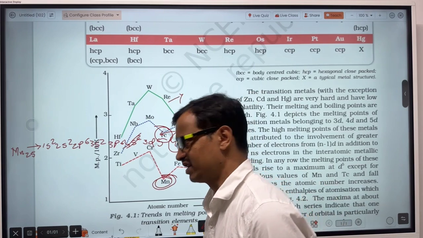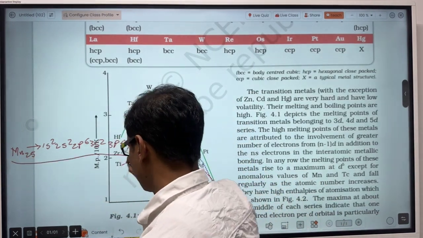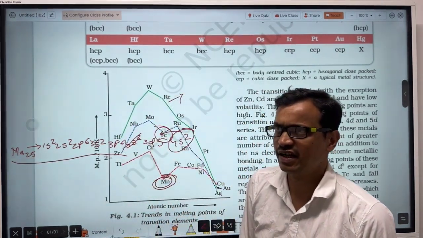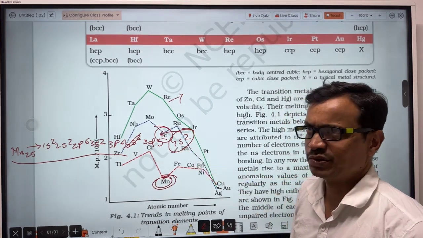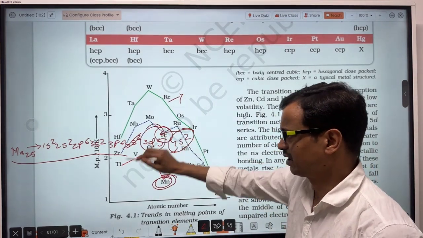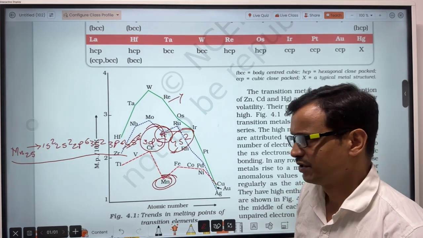So firstly you will have to write the electronic configuration, and then you will have to write that after losing 2 electrons, the valence orbital will be half filled.